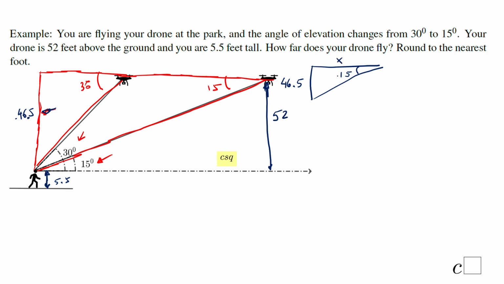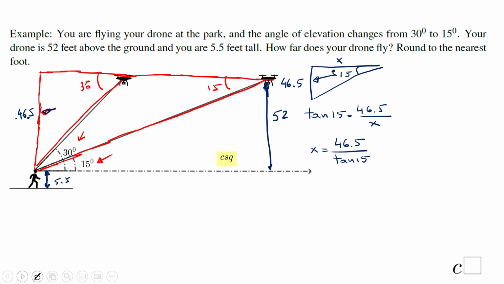Again, we have the angle, we have the opposite leg when we're looking for the adjacent. So by now you know it is tangent. Tangent of 15 degrees equals 46.5 over x. So x will be 46.5 over tangent of 15.